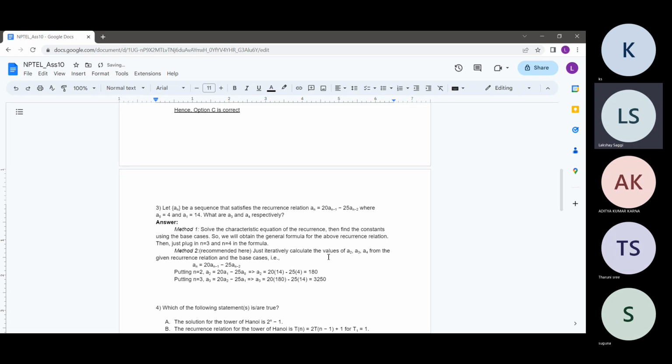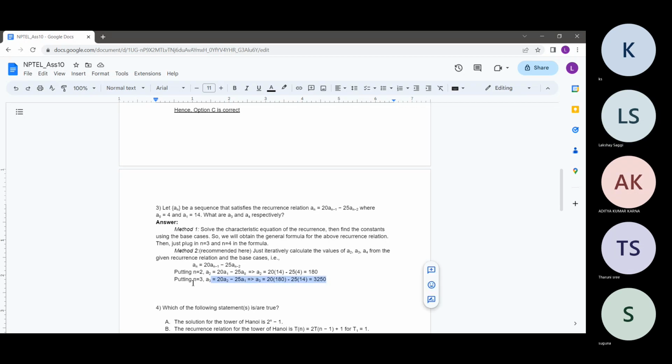Straightforwardly, 180 times 20 will be 3600. And from 3600 you're subtracting 25 times 14, which comes out to 350, right? 25 times 14 is 250 plus 100, which is 350. So 3600 minus 350 will be 3250.